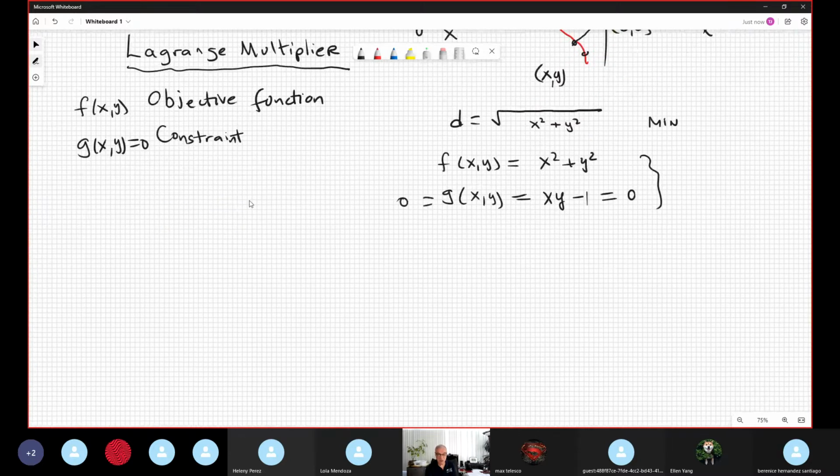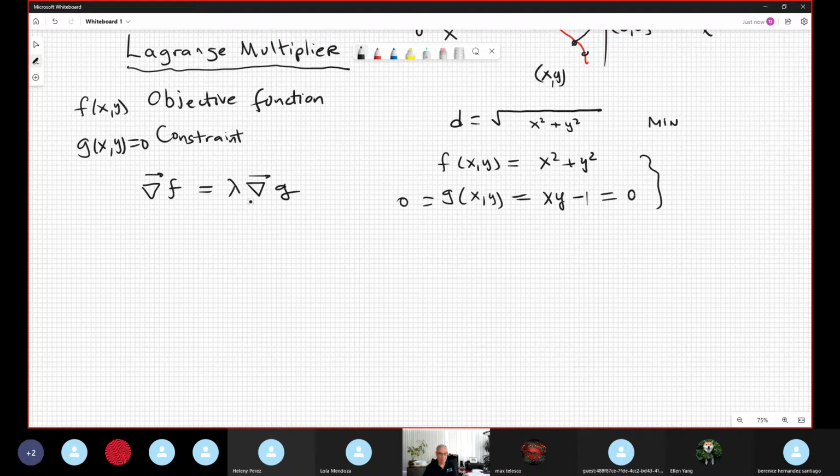But Lagrange works with the gradient. I need to compute the gradient of f, which should be equal to lambda times the gradient of g. The lambda is the Lagrange multiplier. It's a number that I don't care about. It's a number that participates in the game. However, it's not important because it's when the gradients are parallel. Okay, no problem.